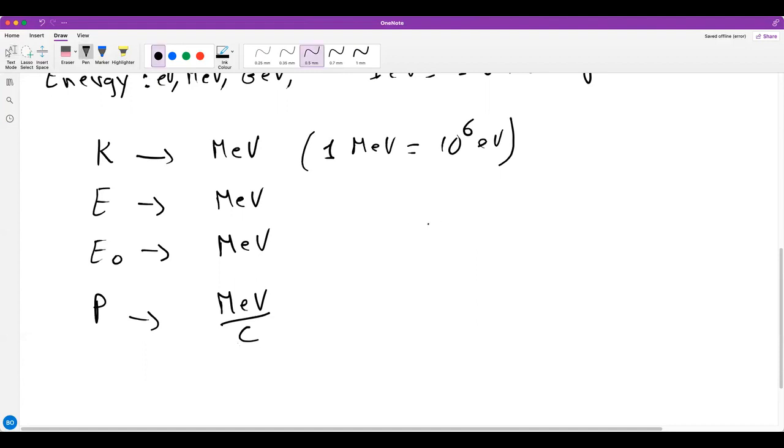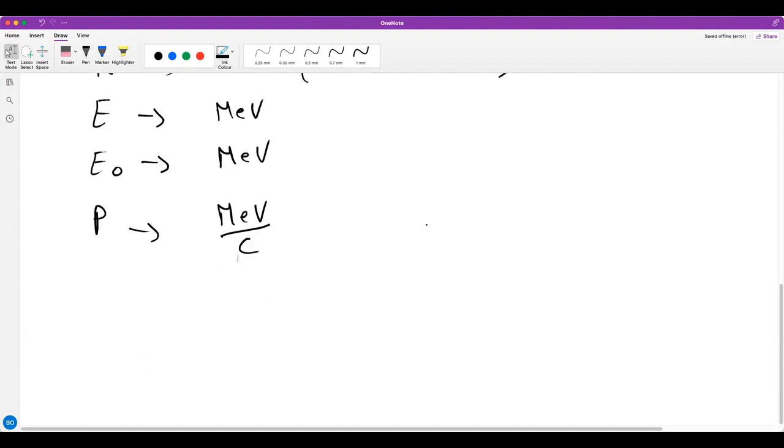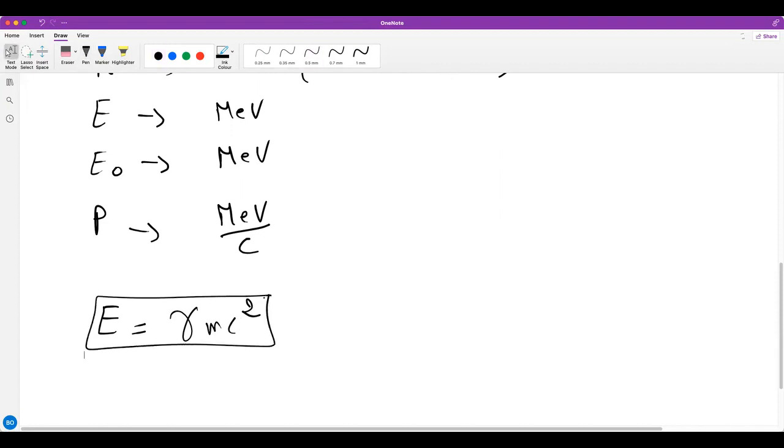And because we have the famous equation, the total energy is also equal to gamma mc squared. This one I forgot to mention above. So it's equal to gamma mc squared. And the rest energy is mc squared, so this is given in MeV.